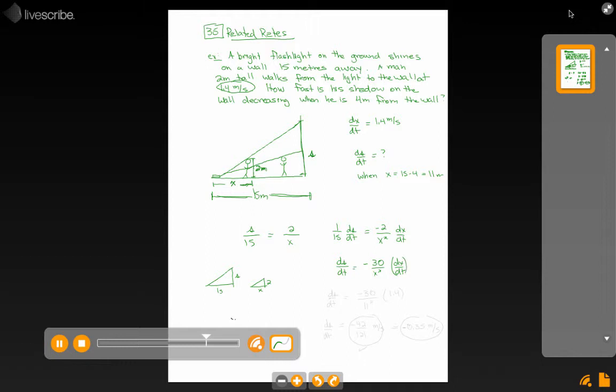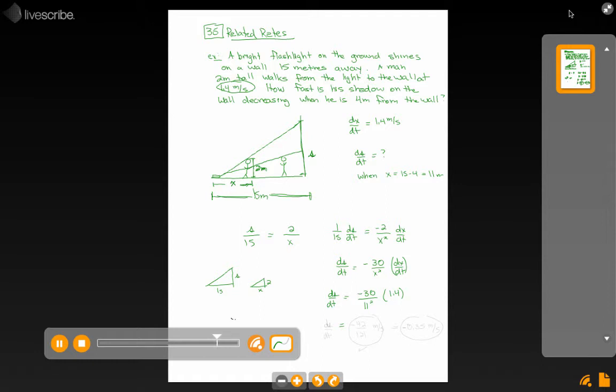So if I put in my values, ds by dt is going to equal negative 30 over 11 squared times dx by dt, which is 1.4. And so, you might get a big fraction here or decide to change it to decimals, but just calculate that out.